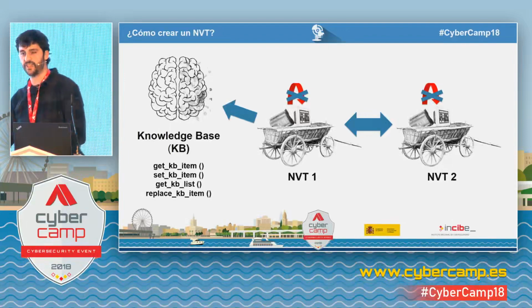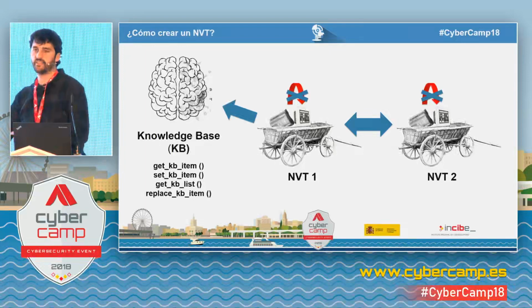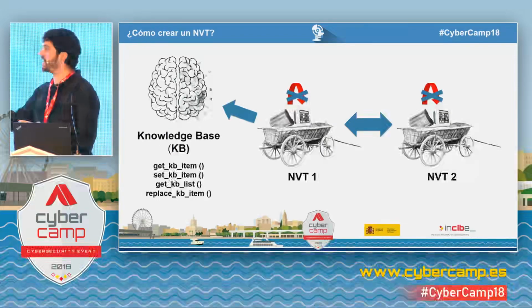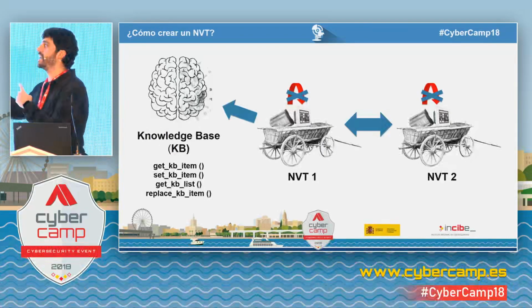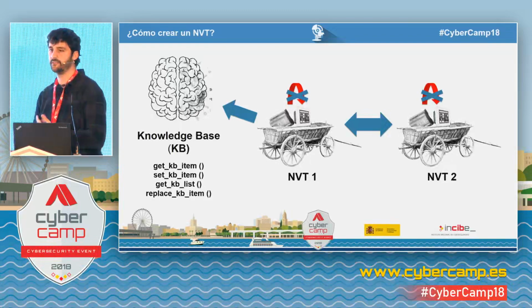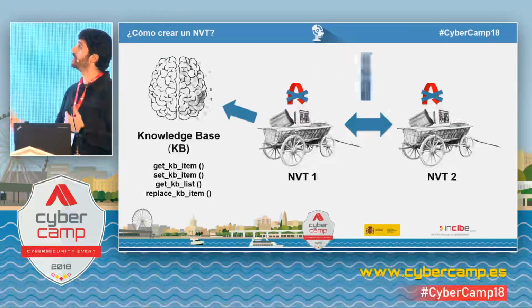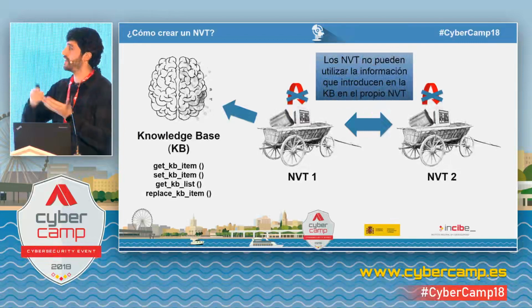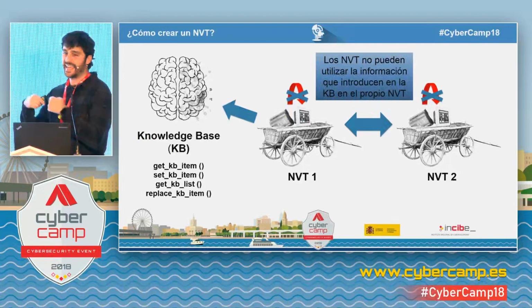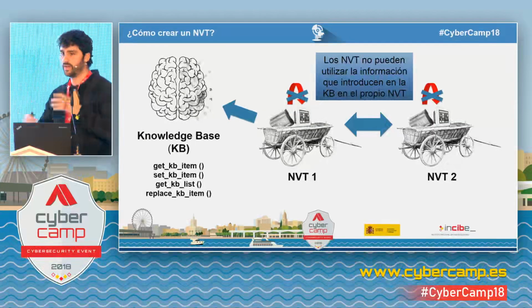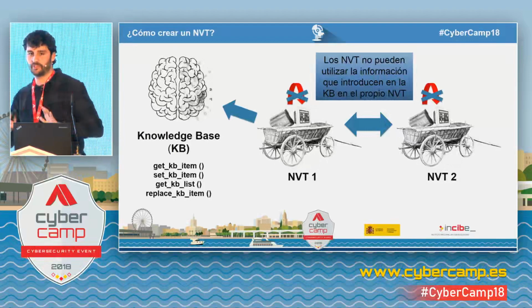So in NVT1, I detect that port 80 is open, but it is also vulnerable because it has whatever Apache version. And that information, as said, cannot be used in NVT1, but instead I have to create an NVT number 2 to use that information. So that is to say, the NVTs cannot use the information that they are fed with.